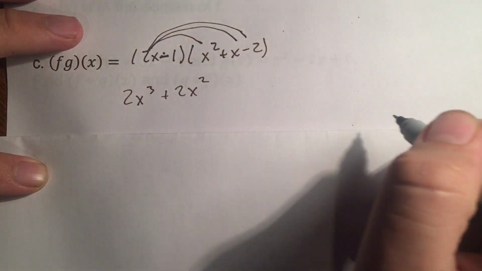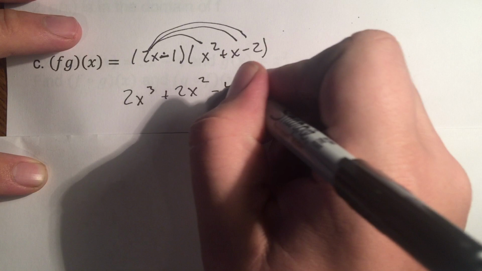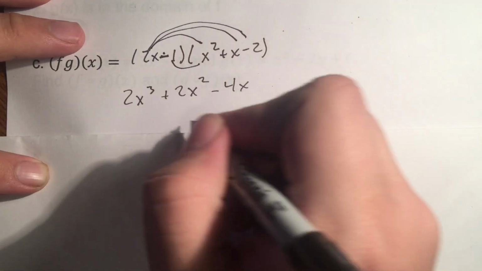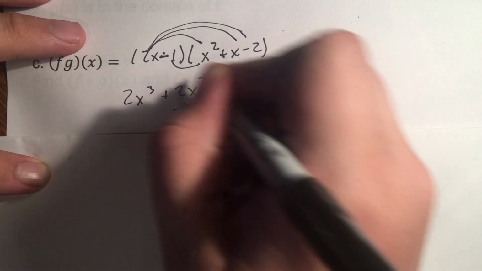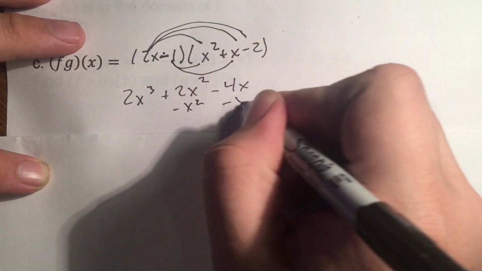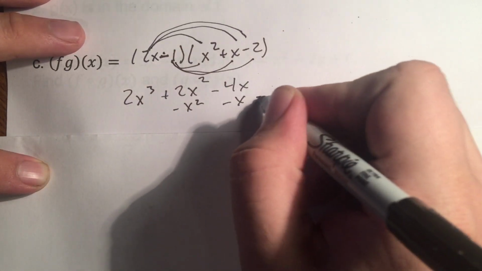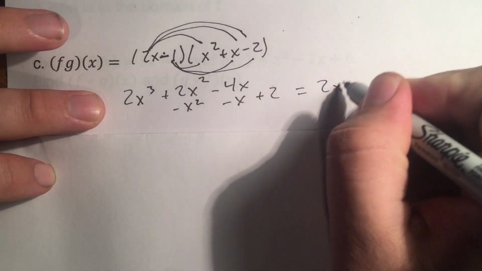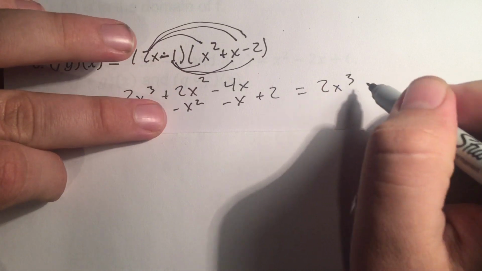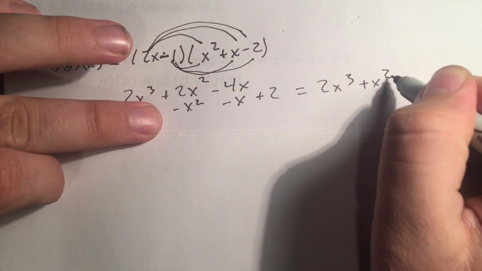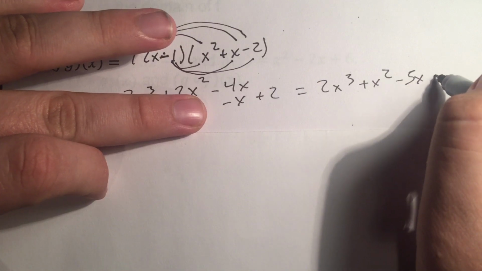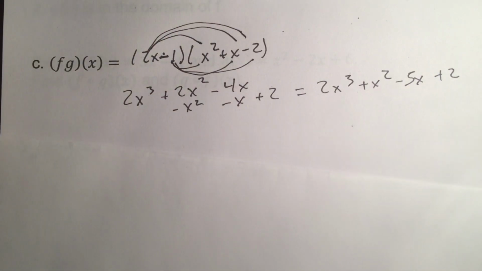And 2x times a negative 2 is minus 4x. So we're going to distribute the negative 1 in. We have minus x squared, minus x, and then plus 2. So when we put our like terms together, we're going to have 2x to the third. 2x squared minus an x squared would just be a plus x squared, minus 4x and minus x, minus 5x, and then our plus 2.